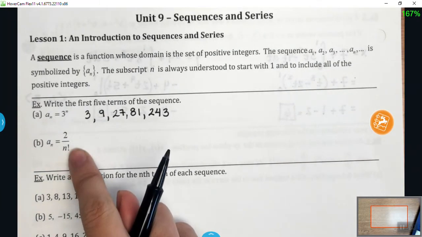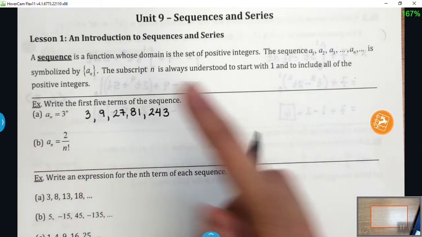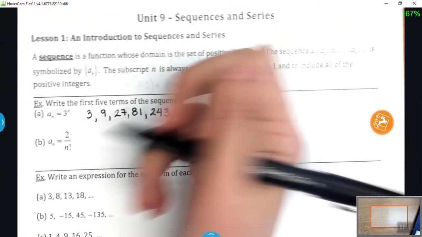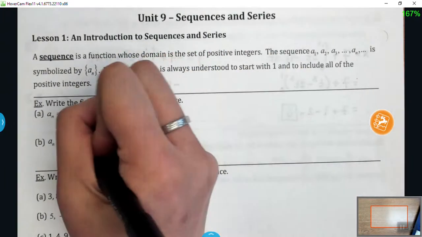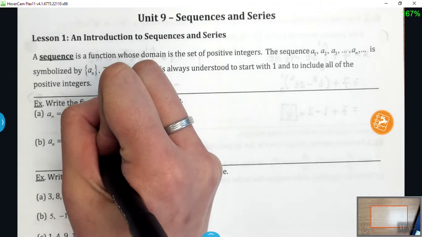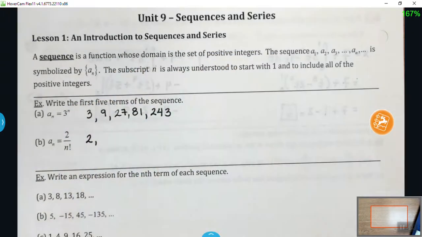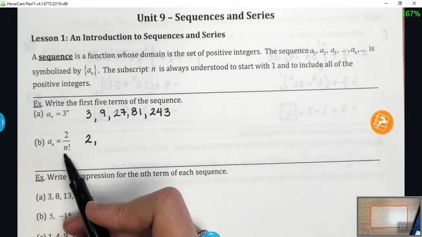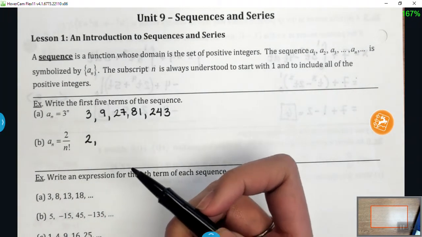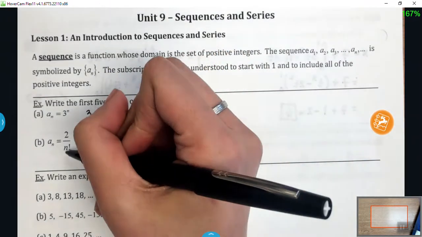Is it always 5? Oh, no, it just says first 5. It goes on forever. Okay, this one, 2 over n factorial. First term, 2. Actually, 0 factorial is still 1, but we plug 1 in first.